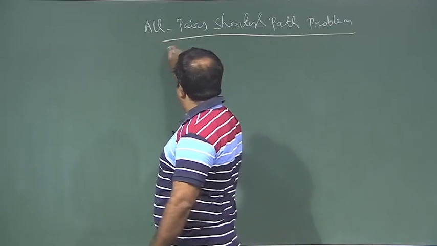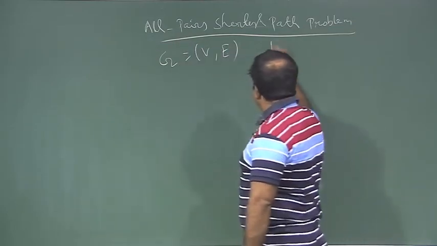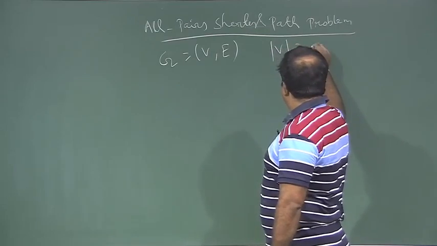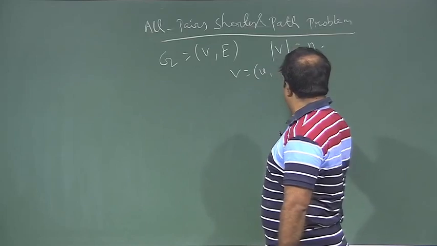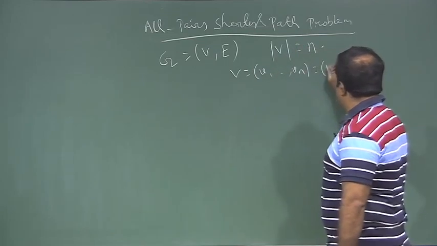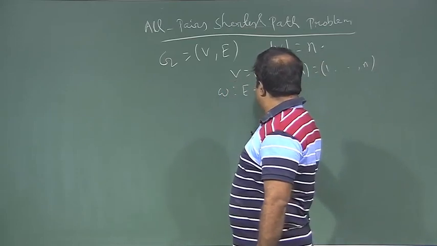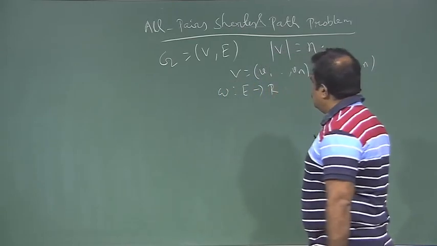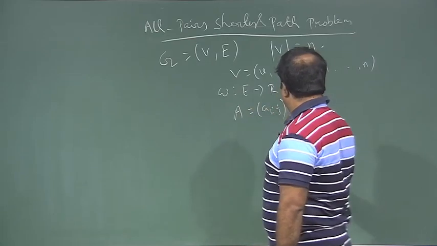So that means given a graph (V, E), a directed graph, where the number of vertices V is n. So V is V1, V2, ..., Vn, and for simplicity we are taking 1 to n. We have the edge weight W, which maps E to R, and which we are taking in an adjacency matrix Aij.